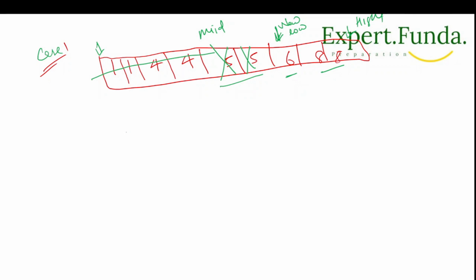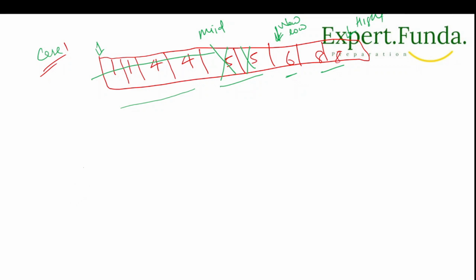In this case, the mid's partner is to the right and the half was originally even. Another case is: the mid's partner is to the right and the half was originally odd. So this was even, now this time it will be odd.